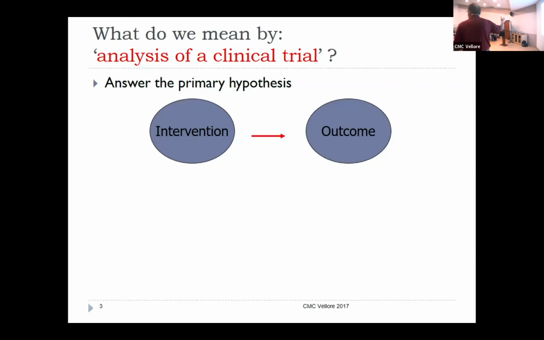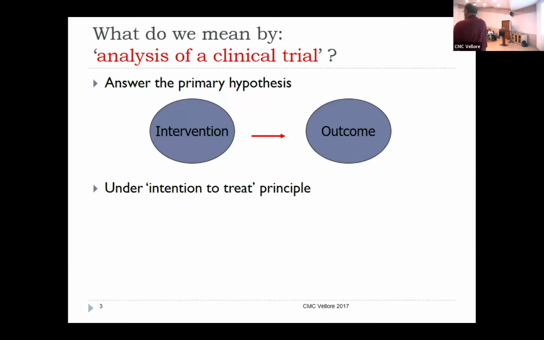And your primary hypothesis is always based on a primary question that is your claim that the intervention has a causal effect on some outcome. We always do it under the intention to treat principle, especially when it's superiority. It's much more conservative, and it is what we talked about yesterday, the way real life is.